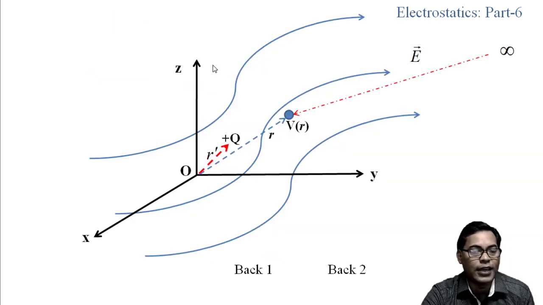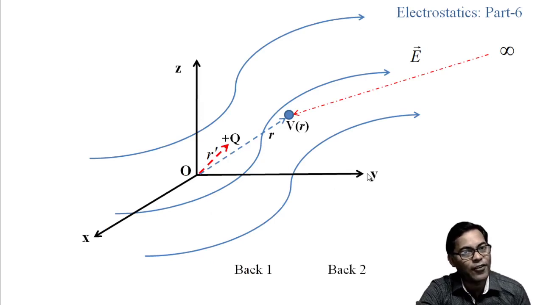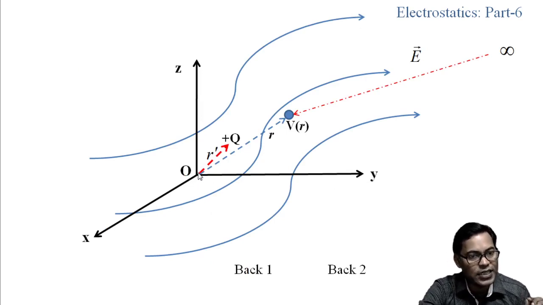Here you can see that in the Cartesian coordinate system, at first we have considered the test charge placed at the origin of the coordinate system. For that we will have an electrostatic field, and on that electrostatic field we have a position where we want to find out the potential V. So here V will be equal to q by 4 pi epsilon naught r, because we are taking the unit positive charge from infinity to that point.